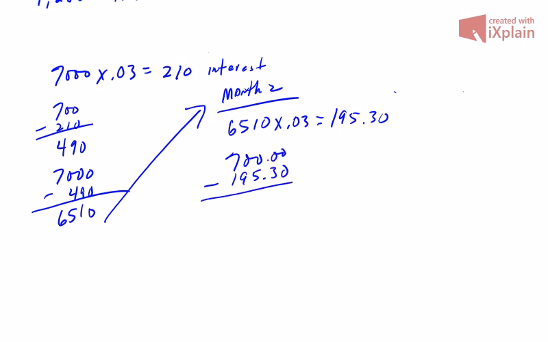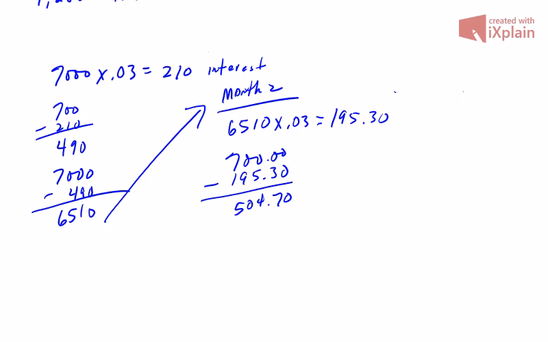And that'll give us a balance there of $504.70. Okay, that is a reduction in balance because that's also principal that's been applied for that particular month.